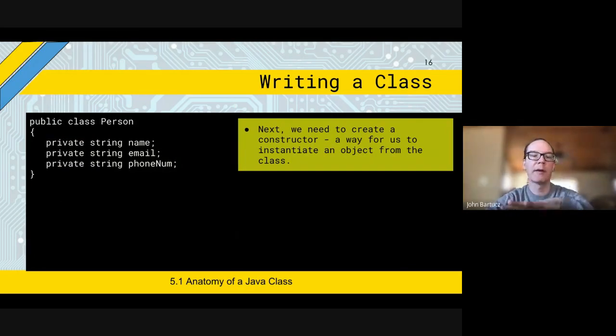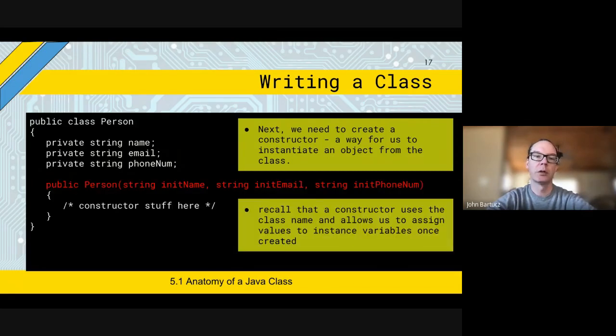So now we have our variables, our properties of our class. So to create a person, right, we need a constructor. The constructor has to be public, right, because you need other classes to be able to use your object.